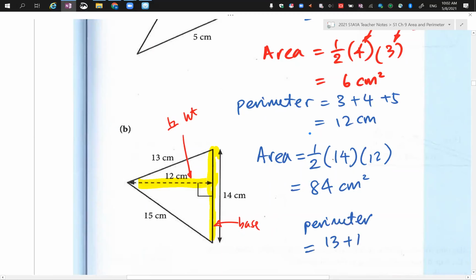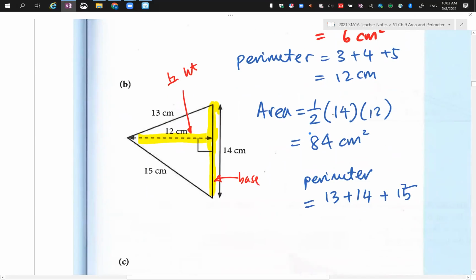So 13, 14, and 15. Yes, you have to write what you are calculating. So we get 42 centimeters.